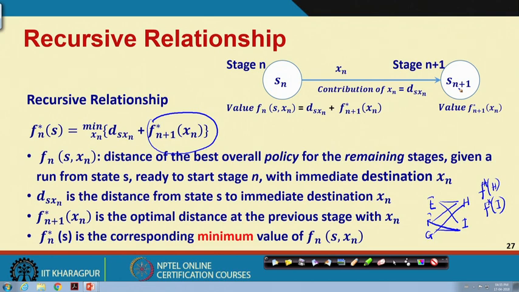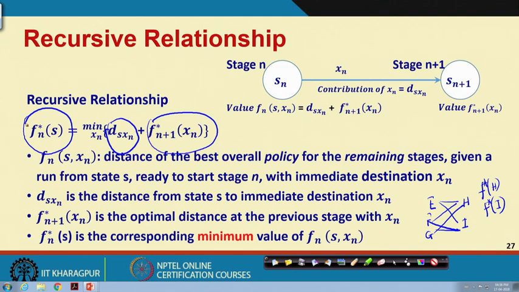What we find out is the distance from S to x n, that means G to J H, x n is H or I. So, G to H or G to I, then we add this portion and then find out of H and out of I from G, which one comes out to be optimal. So, this will become our F star n s.